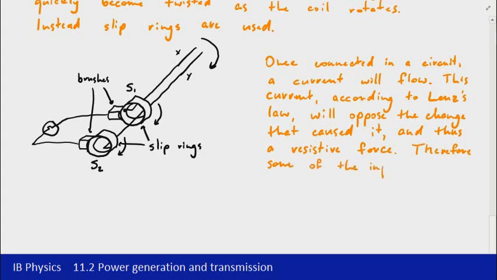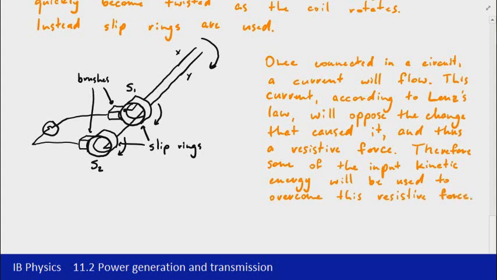So some of the input kinetic energy will be used to overcome that resistive force. So the amount of kinetic energy we have going into the system will always be greater than the amount of electrical energy that we get out of the system.